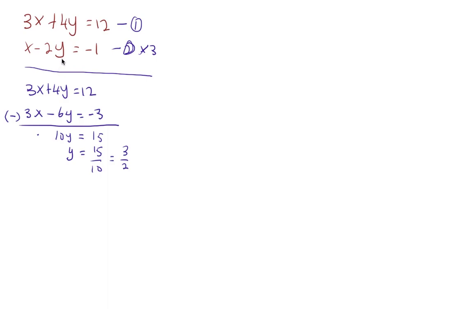In this case, I will choose the second equation, it is much easier. So x minus 2 times 3 over 2 equals negative 1, and x minus 3 equals negative 1, and x equals negative 1 plus 3 equals 2.